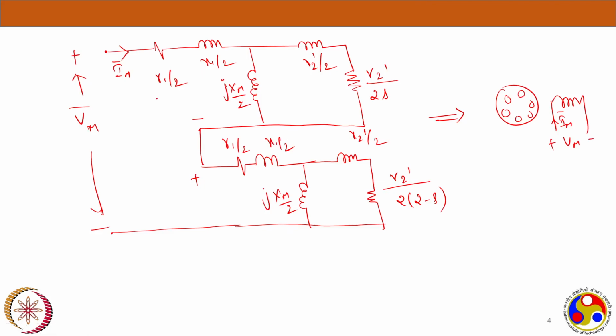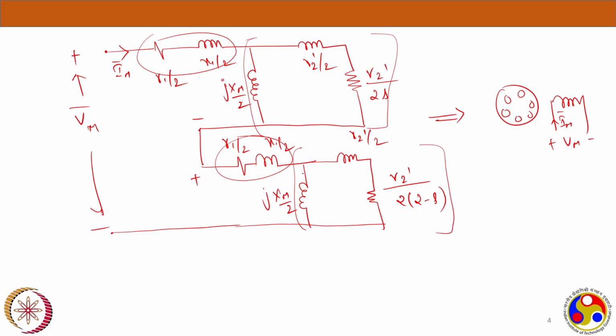Initially there is R1 and X1 by 2, and here we have another R1 by 2, X1 by 2 in series. So these two are in series, and this entire branch Xm, X2 by 2, R2 by 2 is in parallel, right? And there is another series, and again Xm by 2, this another similar branch is in parallel.